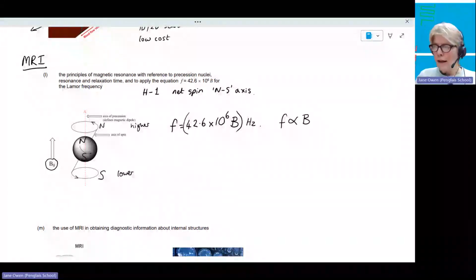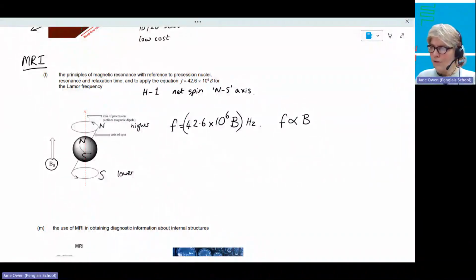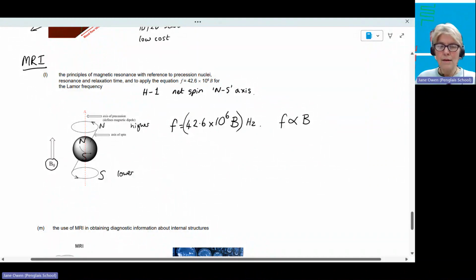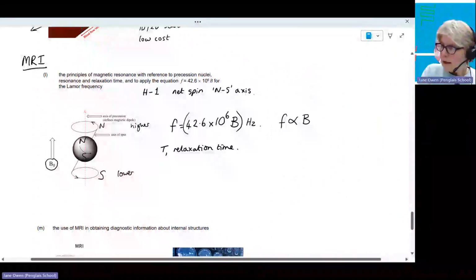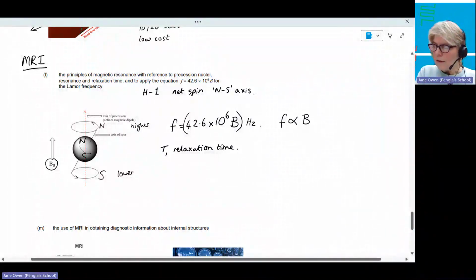And that is a characteristic relaxation time dependent on how the hydrogen is bound. Okay, and we call that T relaxation time. And it's different for different things.